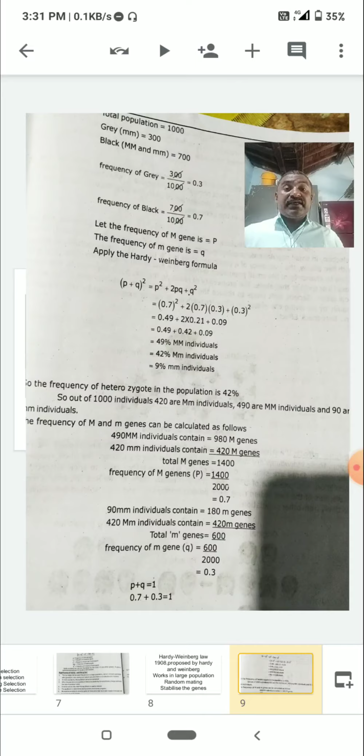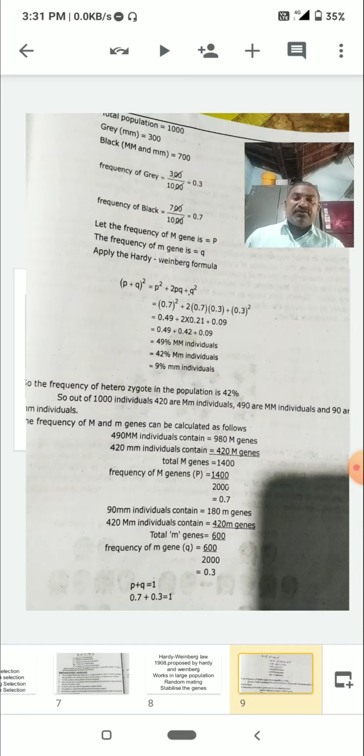And in the 420 heterozygous individuals, one capital M allele each, so 420 capital M alleles are there. That is the reason why we have to add all capital M genes: 980 plus 420 is equal to 1400. Total M genes are 1400.